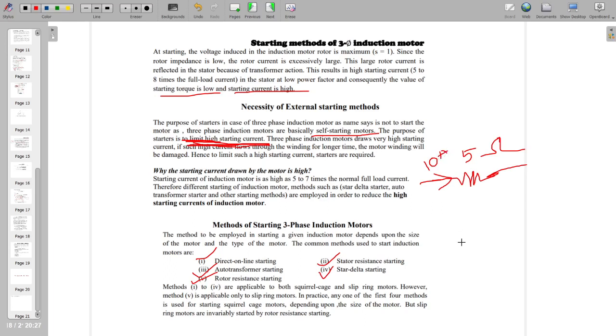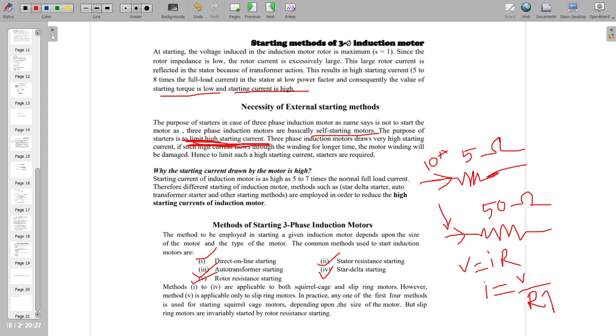If the resistance increases to 50 ohm, in this case the current will obviously decrease with the help of Ohm's law. V is equal to IR, we know I is equal to V upon R. As the resistance increases, the current will decrease.